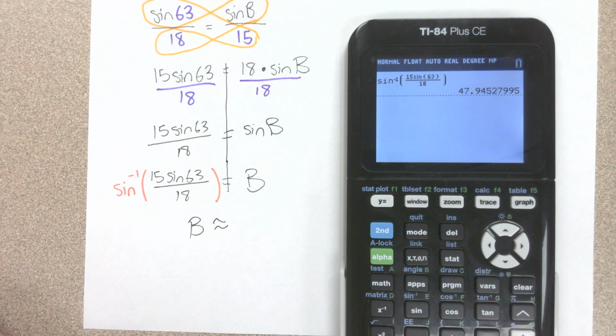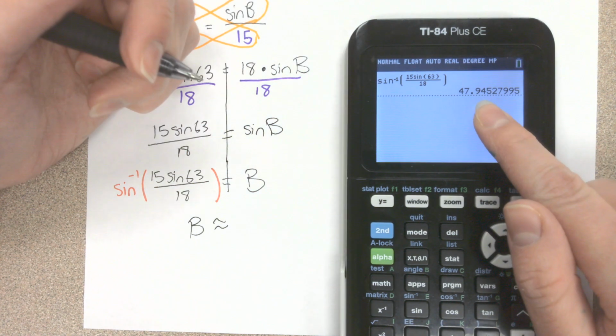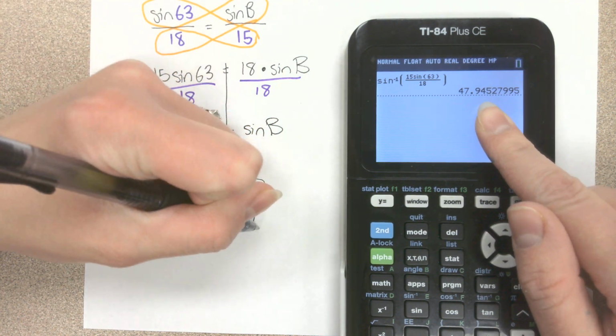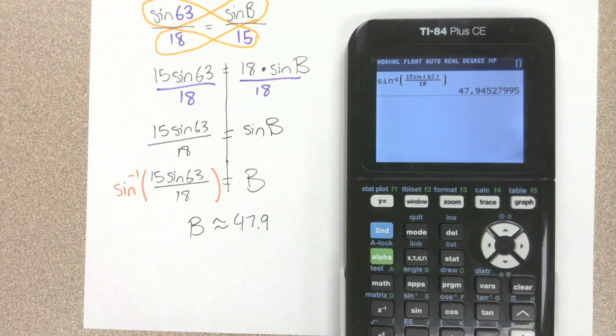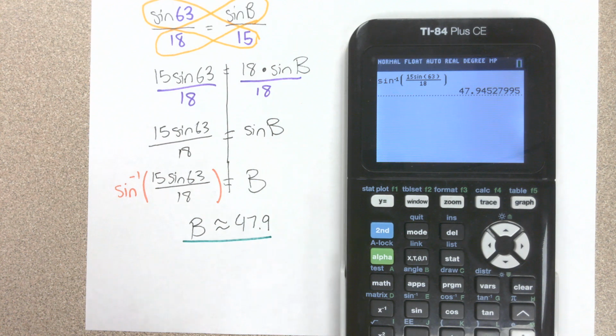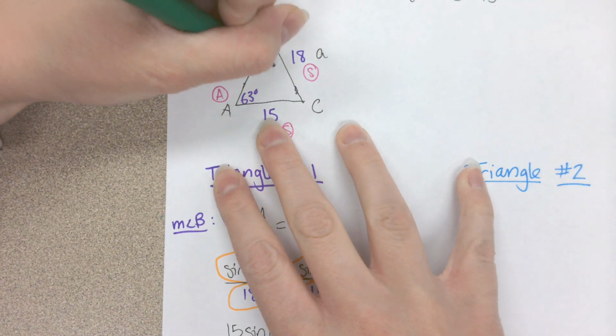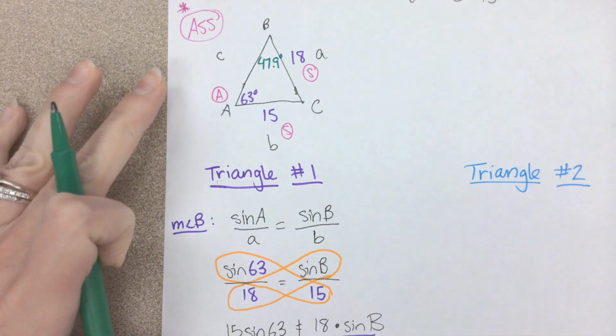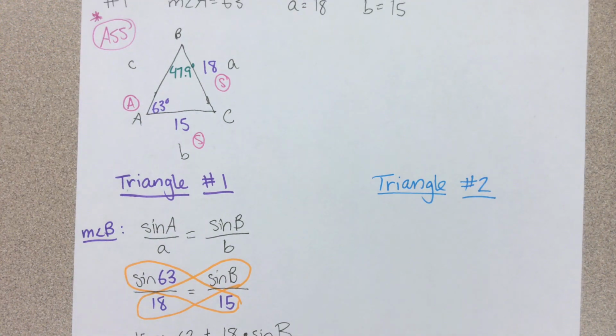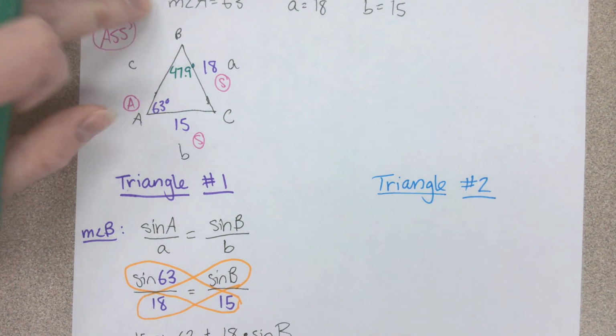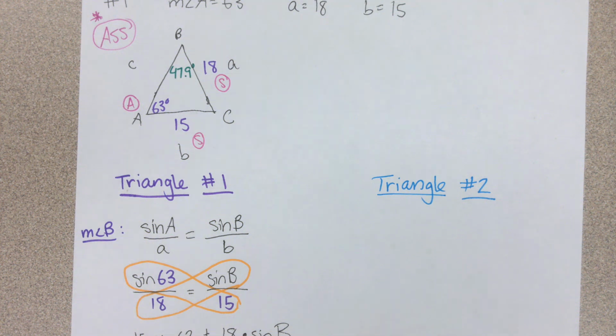Okay, and then we round that to the 10th place, we get 47.9. So that is angle B, 47.9 degrees.